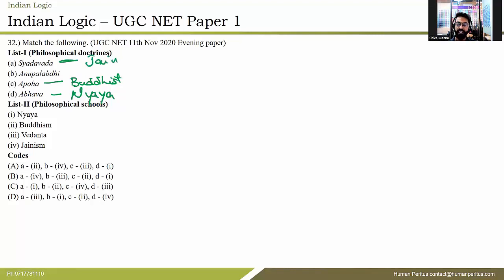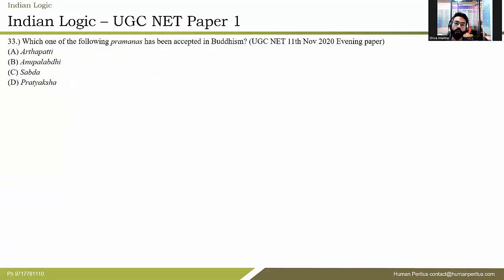In Jainism, every conclusion, every judgment is conditional in nature, right? And Anupalabdhi stems from the Vedas. So that's your major schools. The correct answer is B. The next question, which of the following pramanas has been accepted in Buddhism? We have discussed this as well. The correct answer is Pratyaksha. Right?